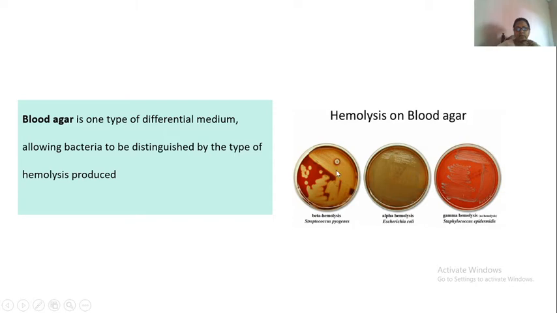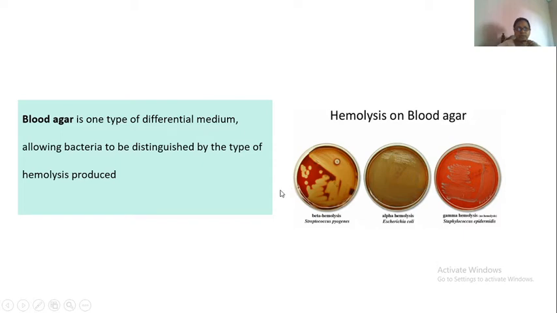The first one has beta hemolysis, second one has alpha hemolysis, and the third one has gamma hemolysis. Now blood agar is a medium that differentiates bacteria into three categories as beta hemolytic, alpha hemolytic bacteria, and non-hemolytic or gamma hemolytic bacteria.